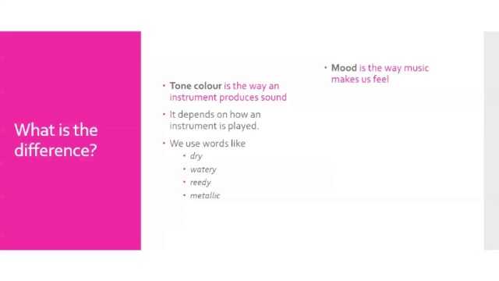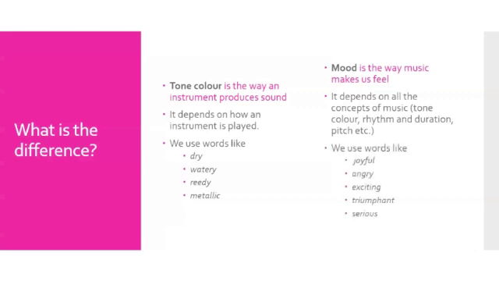Mood is the way the music makes us feel. It depends not just on tone color, even though that's important, but all the concepts of music. We use words like joyful, angry, exciting, triumphant, or serious. Take a note, girls, of the difference in tone color words and mood words.